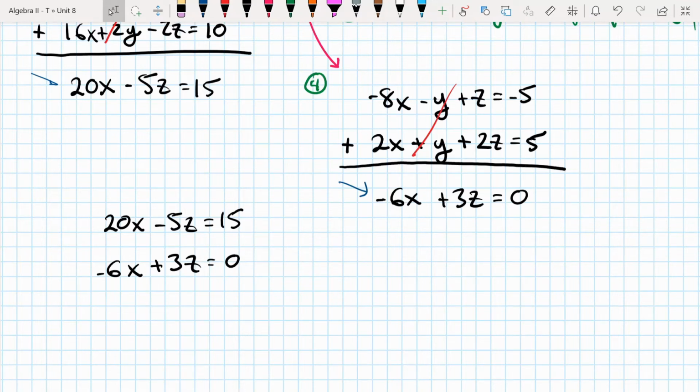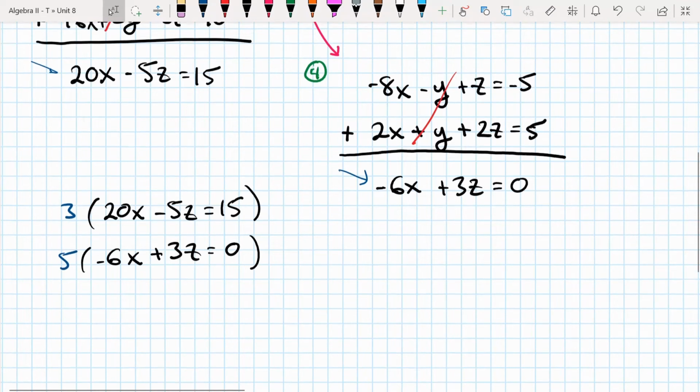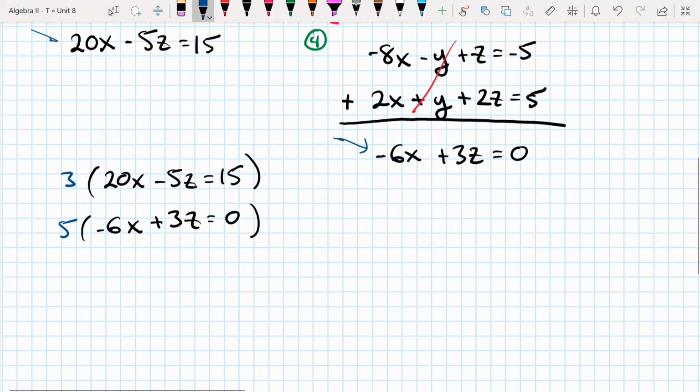So let's get rid of the z term by multiplying the first. Let's use elimination here. First equation by the number 3, and the second equation by 5. And so if we rewrite this, we get 60x minus 15z equals 45.